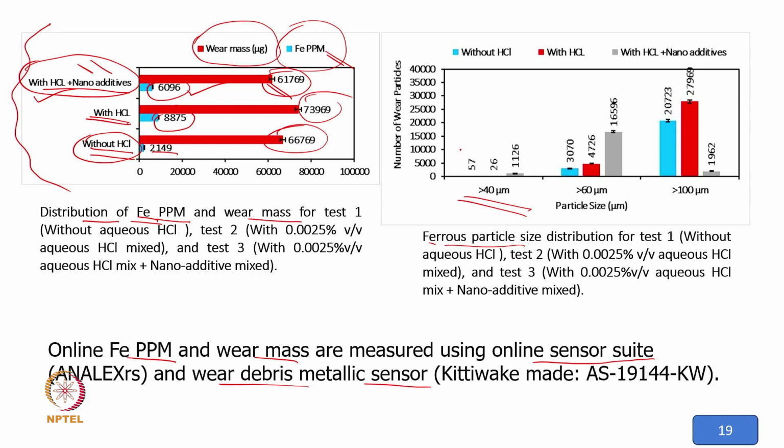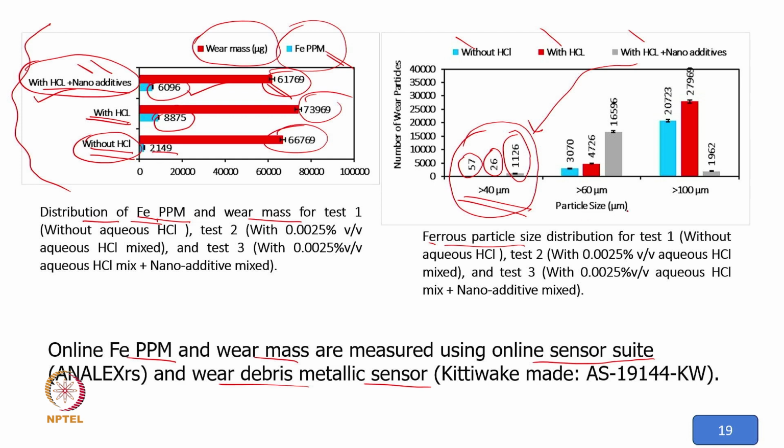You can see here the 40 to 60 micron response, the number of wear particles. First is without HCl, then with HCl, and then with HCl with nanoparticles. Here you can see only 57, 26, and 1126. That means the number of particles in the range of 40 to 60 micron is higher with HCl and nanoparticles.